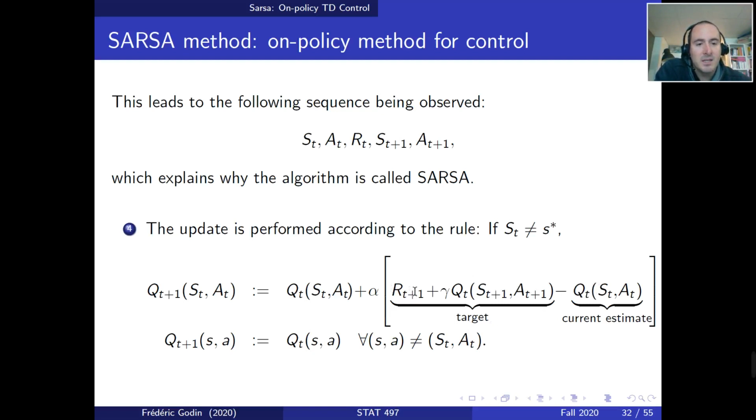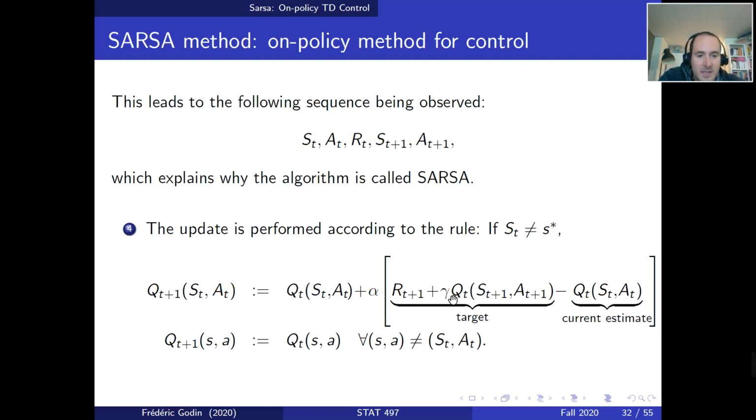Well, it's because if Q_t, our current estimate of the value function, was a perfect estimate, so if this was the true value function, then the expectation of this target would be exactly the action value function q star.